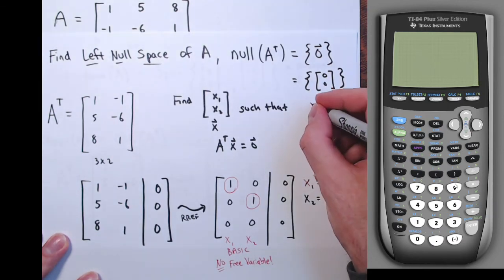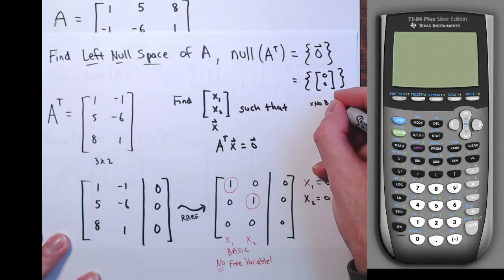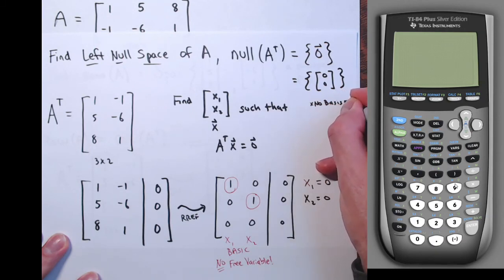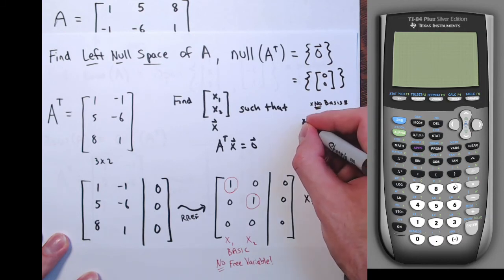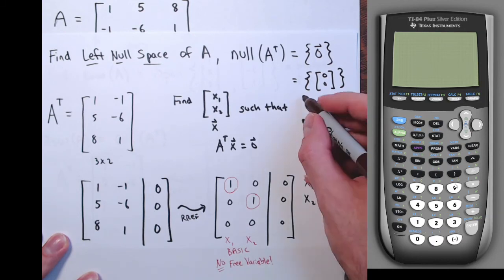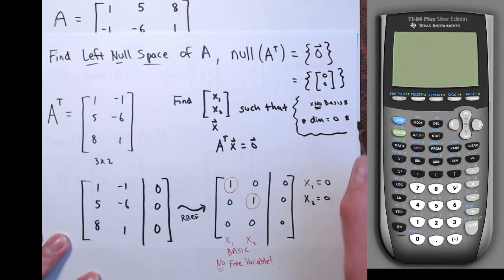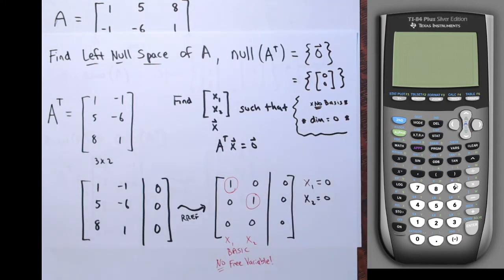And therefore it has no basis and dimension 0. All that stuff would be true as well. The vector space with just the 0 vector in it has no basis, or an undefined basis, and a dimension of 0.